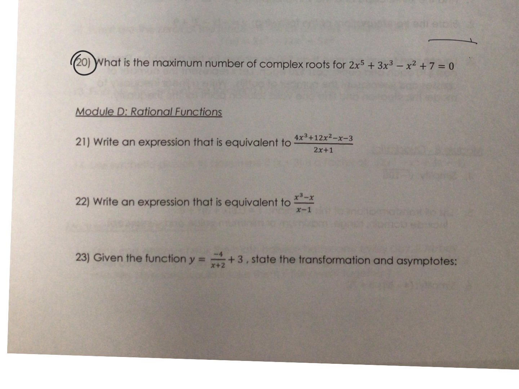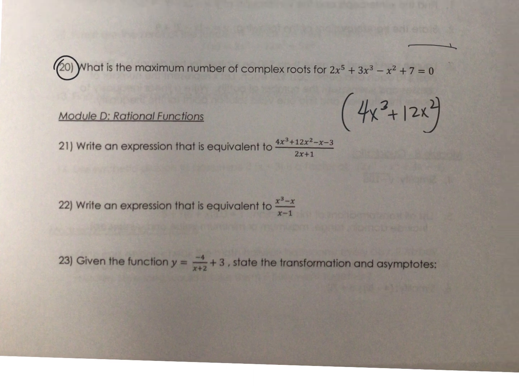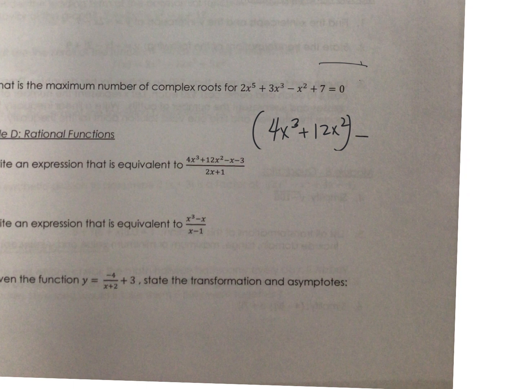So we need to try to factor this. So maybe we can eliminate one of the factors in the numerator. So 4x cubed plus 12x squared, I'm going to group those two together, minus x minus 3.